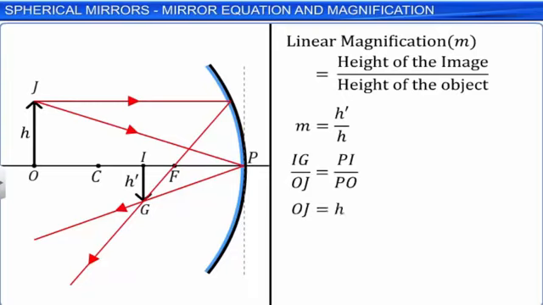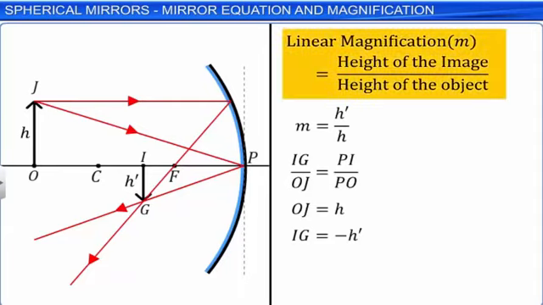Substituting these values in the above equation, we get minus h dash by h is equal to minus v by minus u. Therefore, m is equal to h dash by h and is equal to minus v by u.